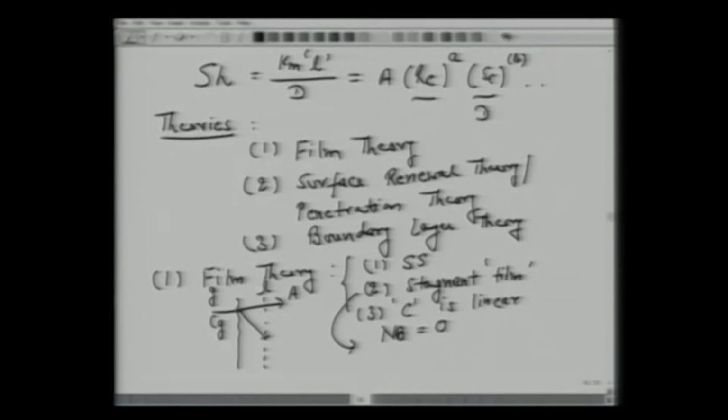So we have Cgi at the interface, and we have CL, which is the bulk concentration. So we are introducing this terminology that there is a bulk concentration of the diffusing species.